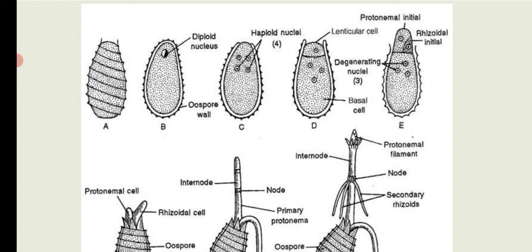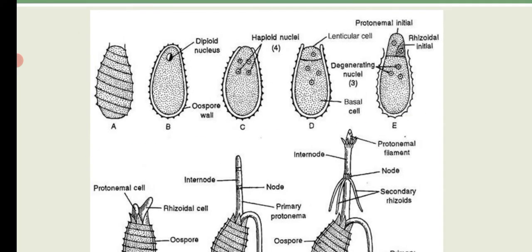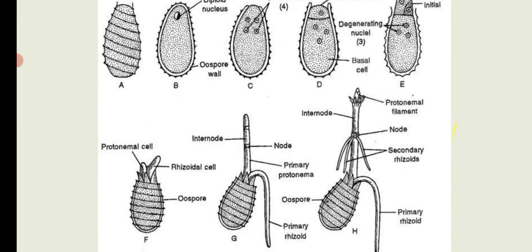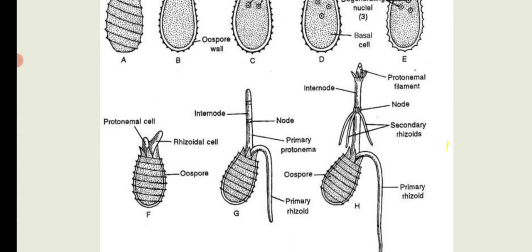They are 4 in number. और बाकी, one is cut off from the 3 others and it is placed in a lenticular cell, and the 3 disintegrate or degenerate हो जाते हैं, and the lenticular cell के अंदर जो nucleus पाया जाता है, it starts germinating.